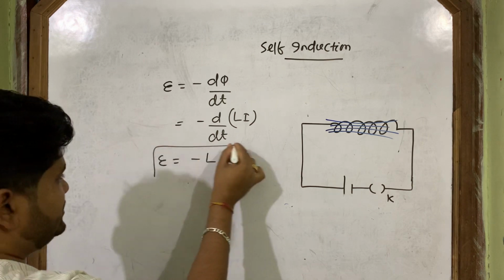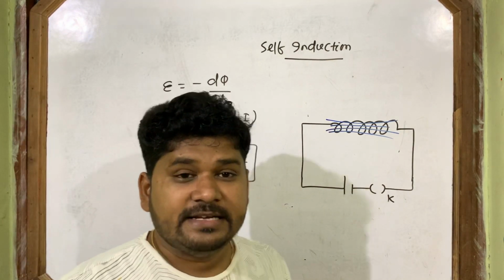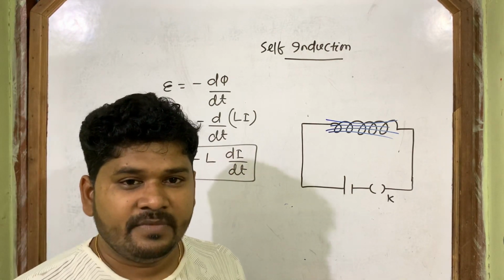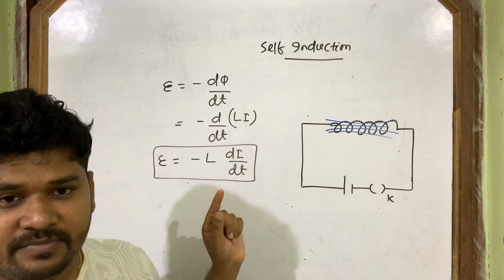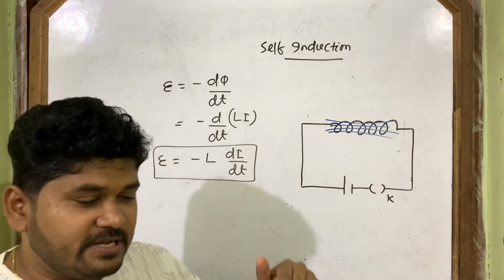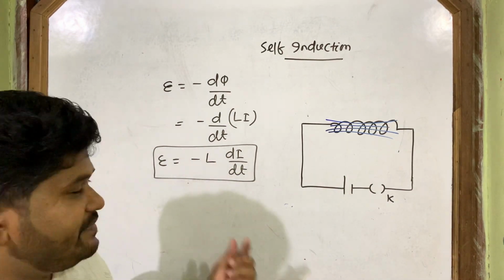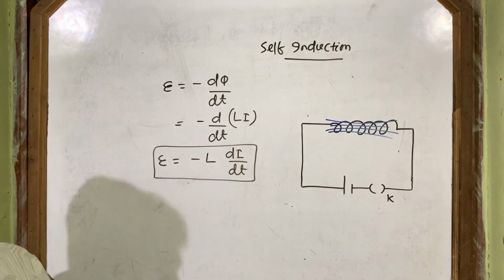This is the induced EMF in the inductor when the current changes by di in time dt. You have to remember this formula to solve numericals. If the current change is given from this ampere to this ampere within this time, you can easily find the induced EMF if the constant L is given.